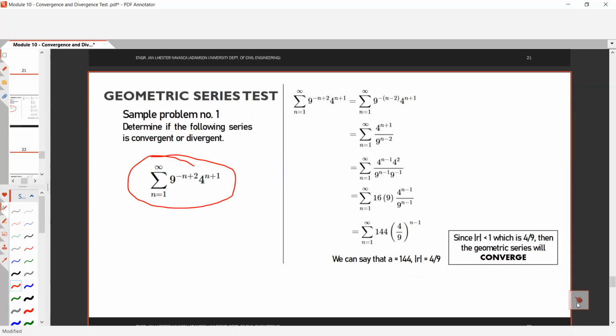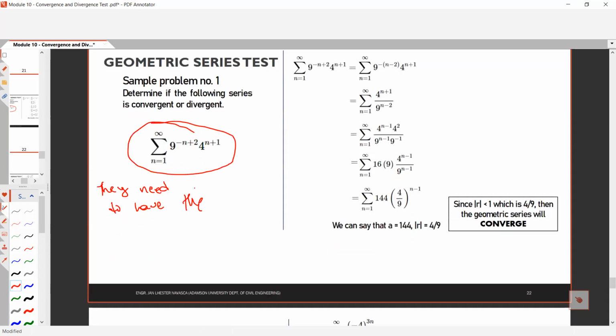We can combine the terms, because our goal is to combine the two. To combine them, they need to have the same exponent.